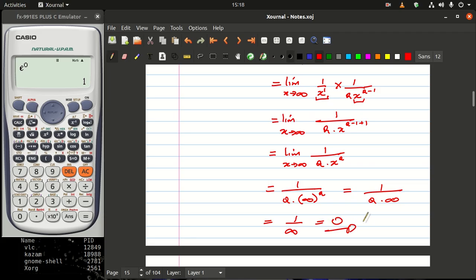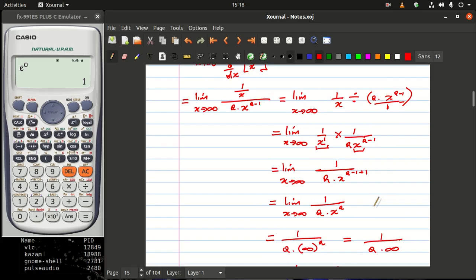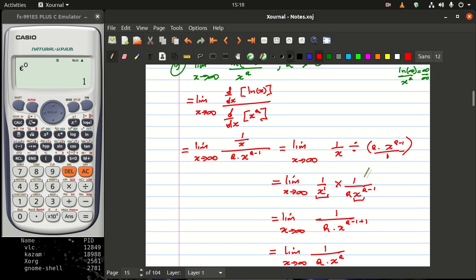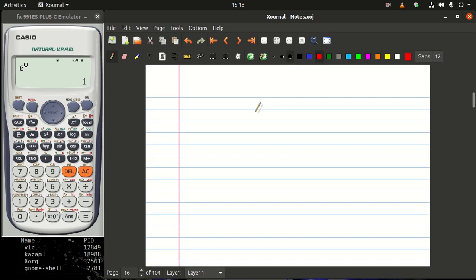That is what is important in this particular case. I hope you can see what is happening here, that we take the derivative of the numerator, take the derivative of the denominator.